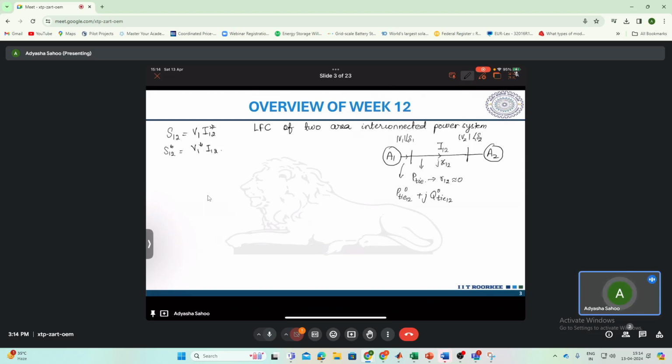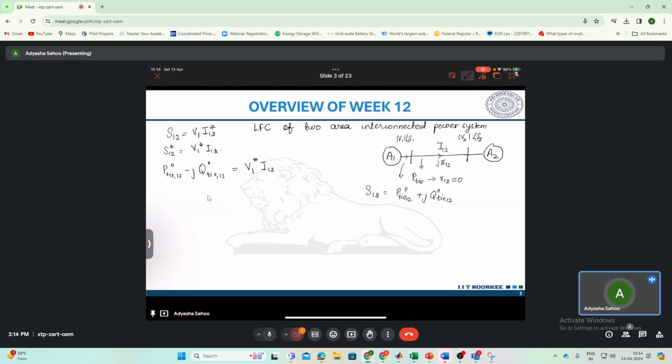What will be S12 conjugate? Basically S12 is P plus jQ, so its conjugate will be P minus jQ. So P tie 12 naught minus jQ tie 12 naught is equal to V1 conjugate I12.